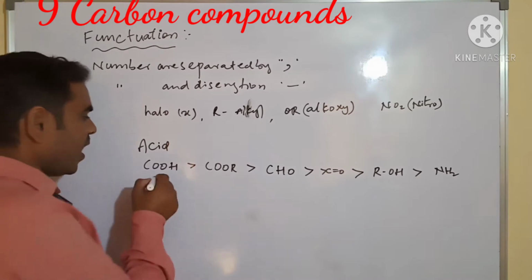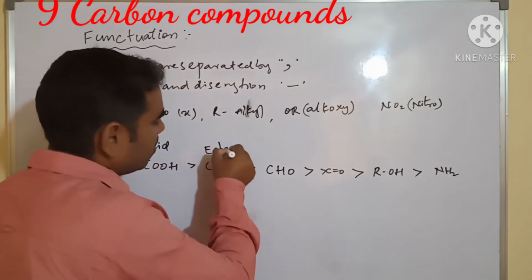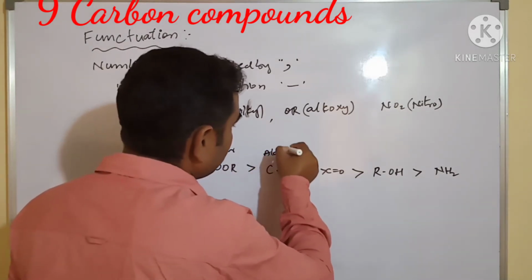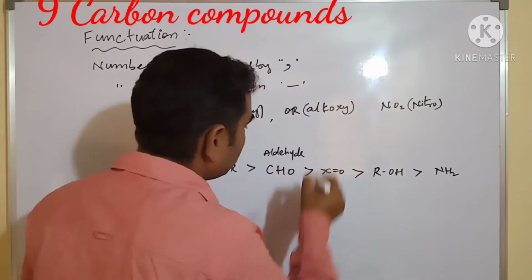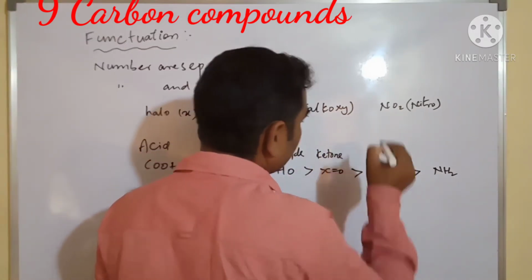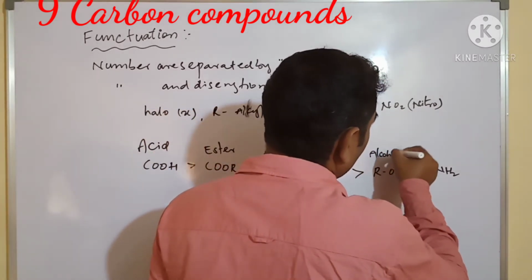Okay. Acid, ester, and aldehyde. Next, this is a ketone, alcohol.